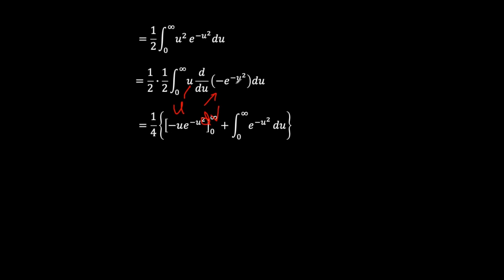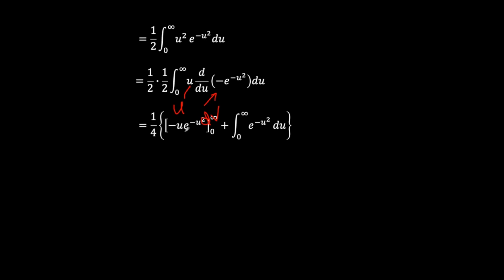Since our v is negative, that negative and the minus multiply together, and we have a plus here. And since du now becomes 1, we have only the integral from u equals 0 to infinity of e to the power negative u squared.